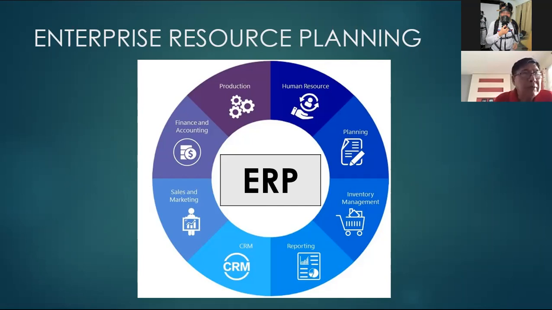centralized system. So from sales and marketing, around to finance and accounting, up to production, human resource, planning, inventory, reporting, and customer relations, it is really just one system.